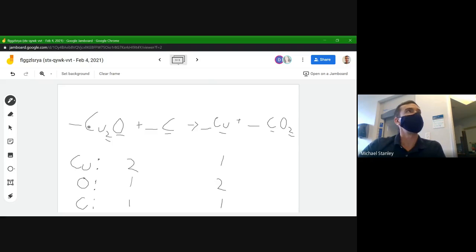So since Cu is first, let's go ahead and try to balance Cu first. We have 2 Cus on our reactant side and 1 Cu on our product side. So what can we do in order to make these balance?